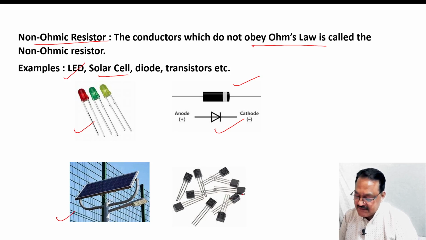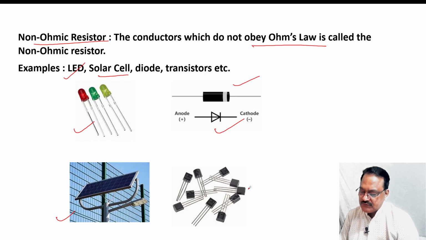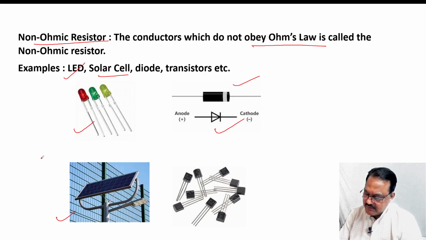In all these cases, Ohm's law is not obeyed. Means when the voltage is increasing, it is not necessary that in the same ratio the current will also increase or decrease. It means it doesn't obey Ohm's law. So in this case, we can say these are the non-ohmic resistor.